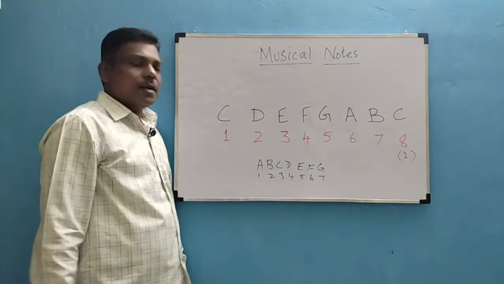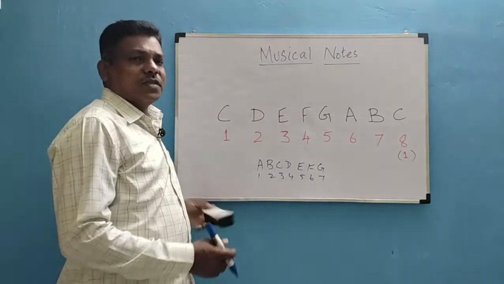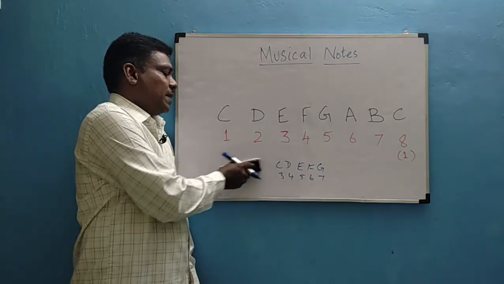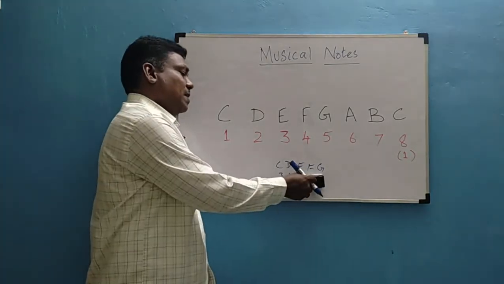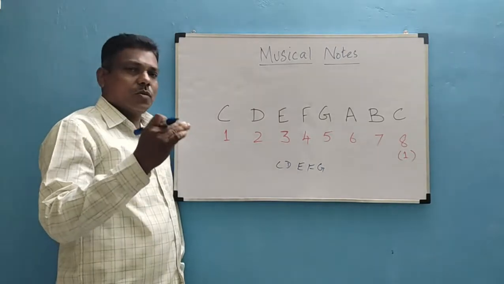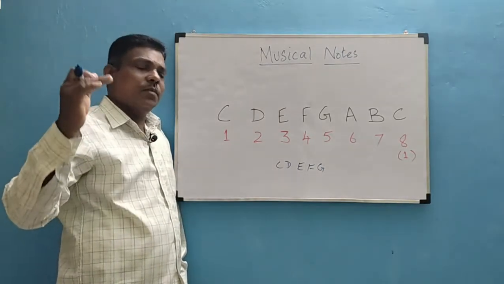But to get a proper sounding, instead of starting with A, they started with C, to get the proper sounding of the musical notes in order: C, D, E, F, G, A, like that.